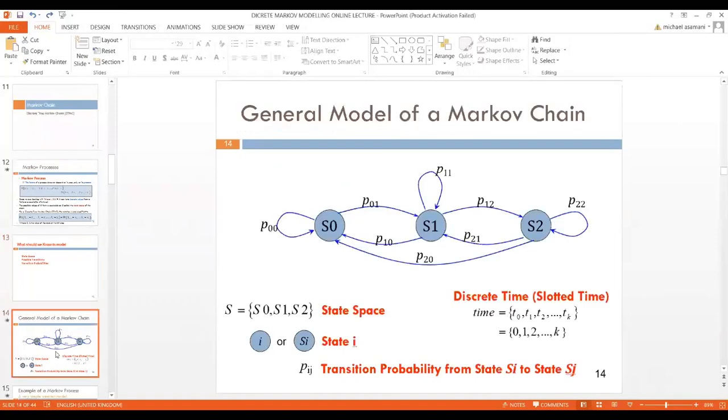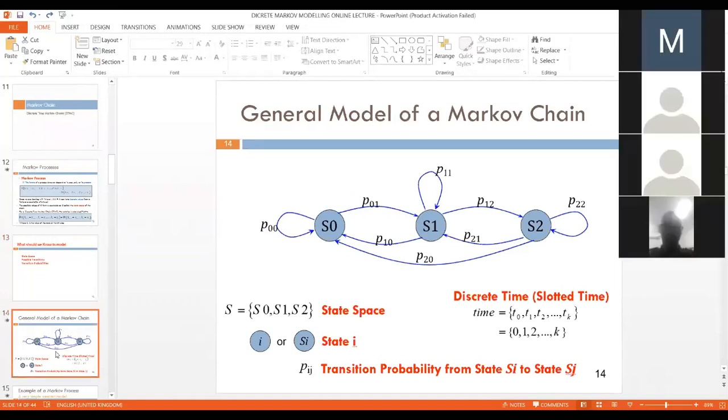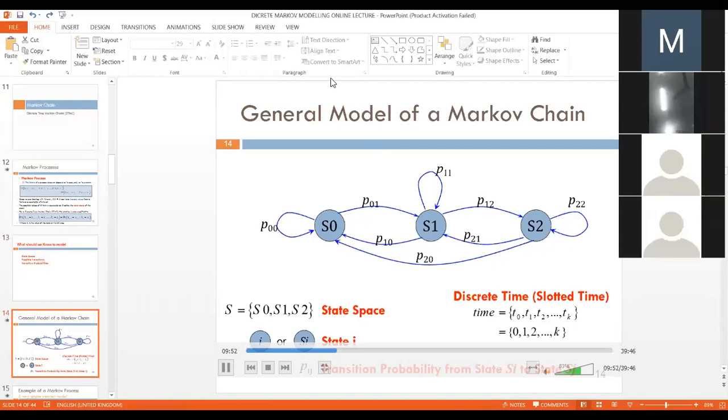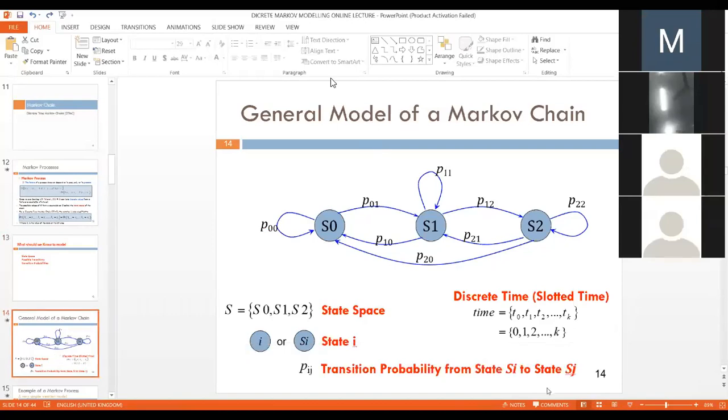So we looked at this model in class as well, and we said that this is how Markov distributions are actually modeled. We call them the automaton of the process, a model of a particular system. We have states S0, S1, S2.